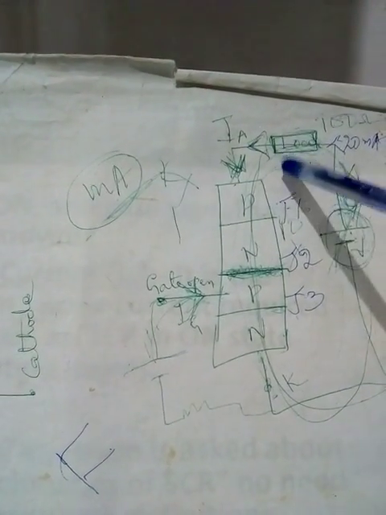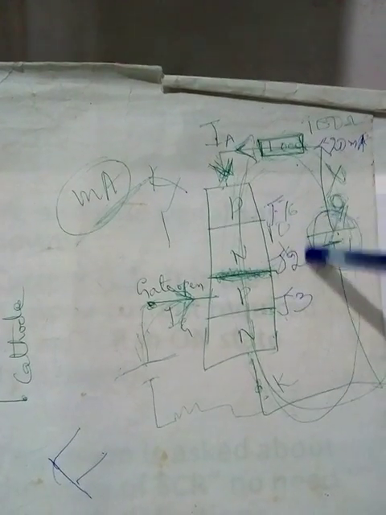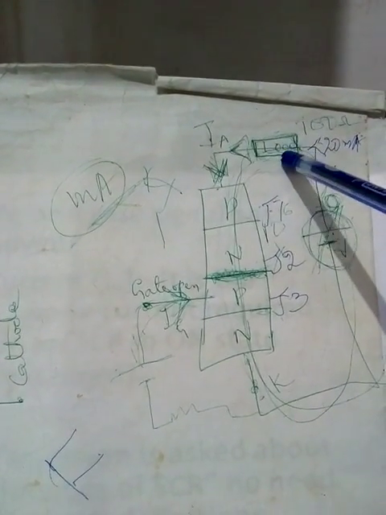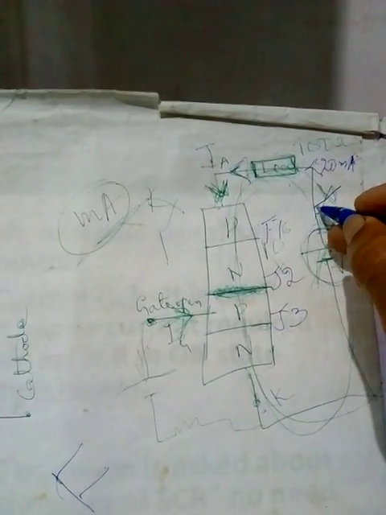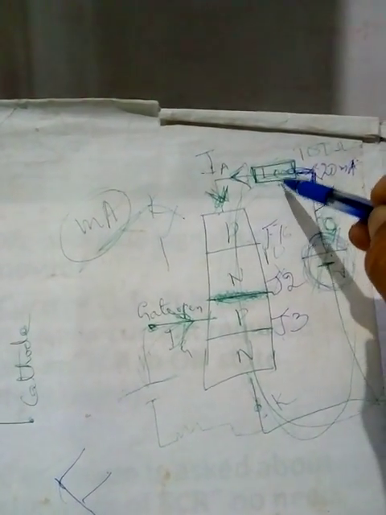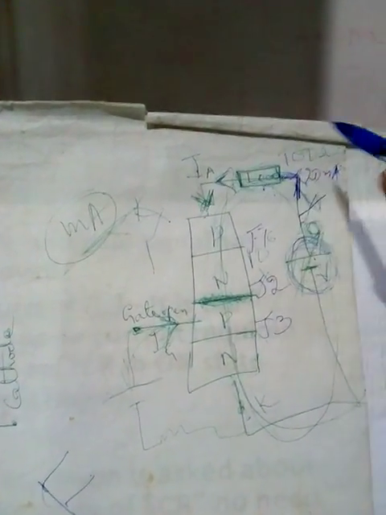Then to switch off the SCR, you have to reduce this, or you have to increase the load resistance, or you have to break the circuit, else the SCR will remain on. So you reduce this value to 1 or 2 volts, or you increase the load resistance to a very high value, which is actually not practically possible.